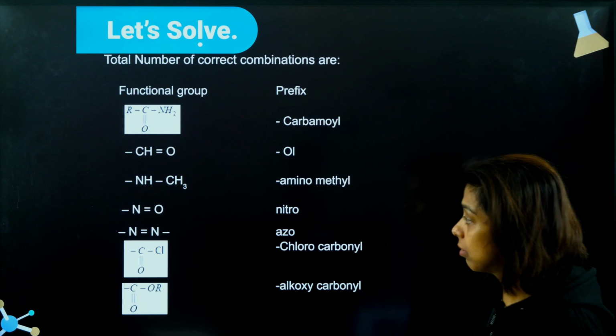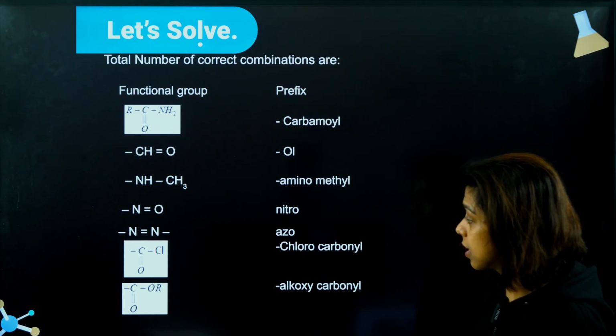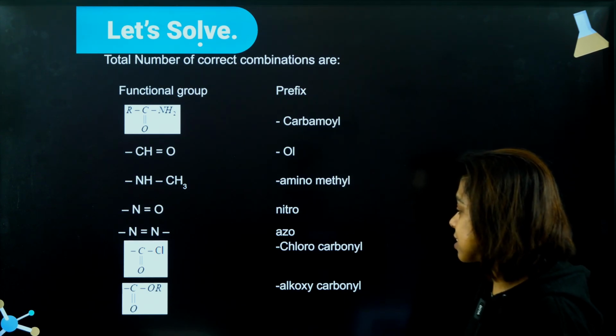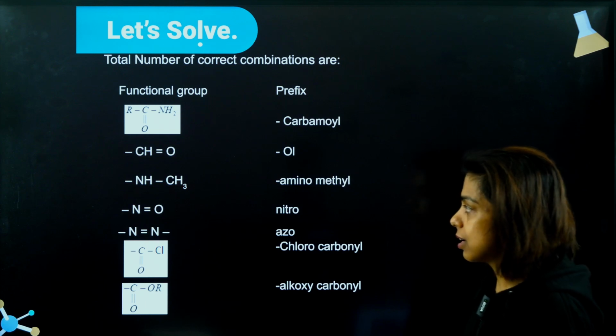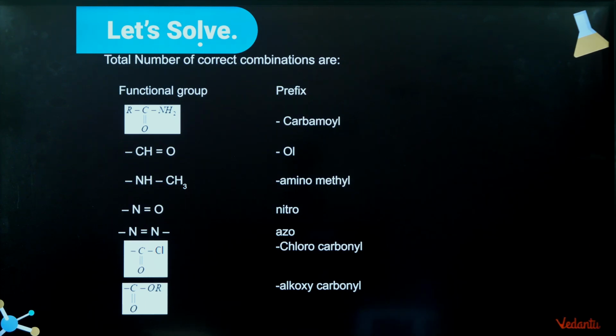And nitroso is there, azo is there, chlorocarbonyl is there, alkoxycarbonyl is there. So you are just supposed to know which are correct and which are wrong prefix. तो इसके लिए बेटा आपको आई होप आपको ये पता होना चाहिए कि कौन से कंपाउंड्स को जब फंक्शनल ग्रुप की तरह नहीं ट्रीट किया जाता, एज अ सब्स्टिट्यूएंट ट्रीट किया जाता है, तो कौन कौन से करेक्ट हैं, राइट, विच ऑल आर करेक्ट. यप्स.